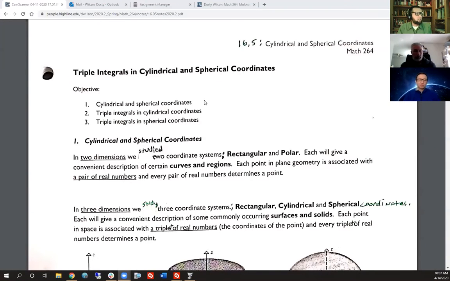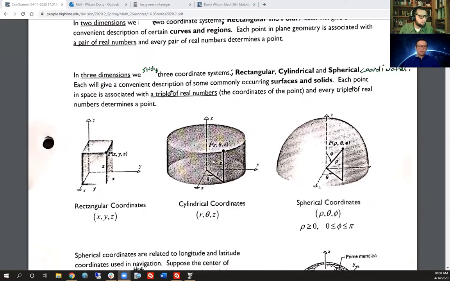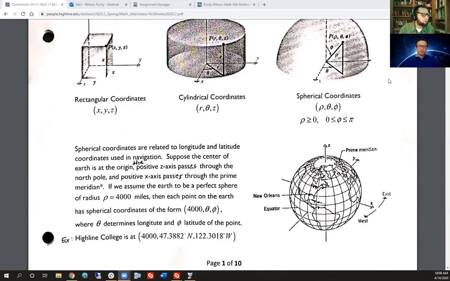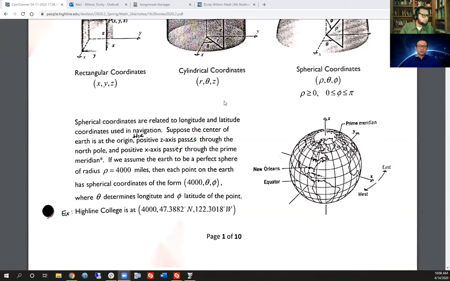So our objective is to understand spherical and cylindrical coordinates. We're going to play with triple integrals in cylindrical coordinates and triple integrals in spherical coordinates. At the outset of the notes, we have some verbiage explaining it in words, but I want to focus first on this application. One of the obvious applications of spherical coordinates is navigation with longitude and latitude.